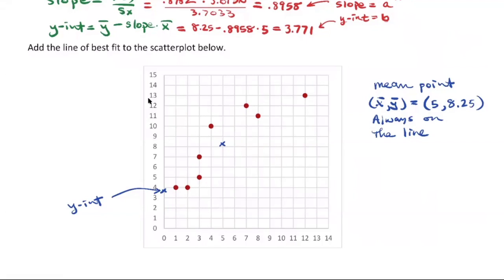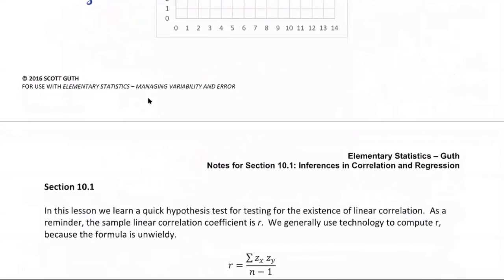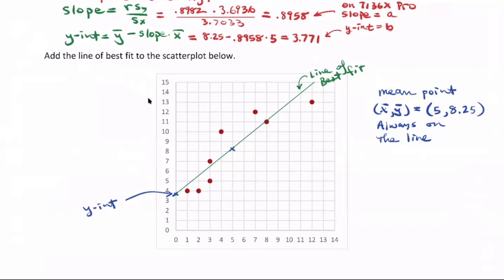Just touch the y-intercept and draw through the mean point, and there's a line of best fit. Okay. And that's it for chapter 3.